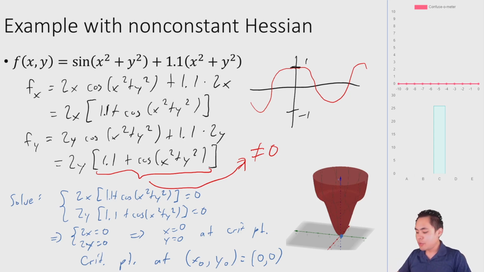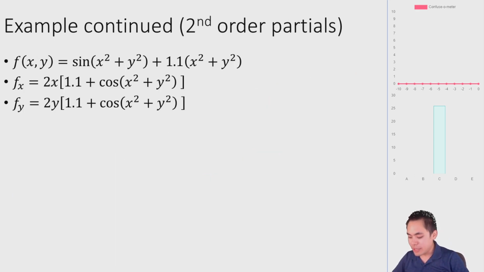But now, how do we figure out whether this is a local minimum or maximum? Looking at it, you can tell, but we need to actually solve for this using the second derivative test, or the Hessian matrix test. And so in order to do this, you have to take the partial derivatives. So let's say I copied again f x and f y, so f xx.